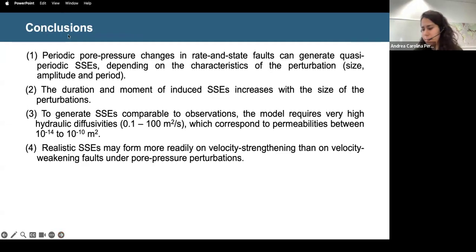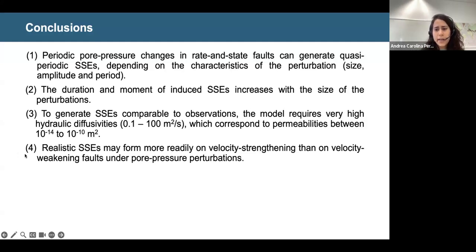So to conclude, we found that pore pressure changes in Brennan state faults could generate quasi-periodic SSEs, and the characteristics of these SSEs, the moment and magnitude, would change depending on the size of the perturbation and also the amplitude and period. We also found that to generate SSEs comparable to observations, the model requires very high hydraulic diffusivities that would correspond to permeabilities between 10 to the minus 14 and 10 to the minus 10 meters squared.